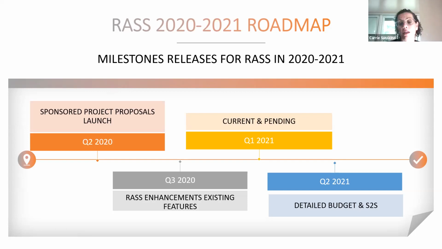And once that's done, we'll be looking to add some functionality to RASS where you can build a detailed budget from within the system using RASS as the tool to build that budget. And in addition to that, we're considering rolling out system-to-system functionality, and we're targeting the second quarter of 2021 for that. So those are some of the high-level features that we're looking to do in the future with the system.